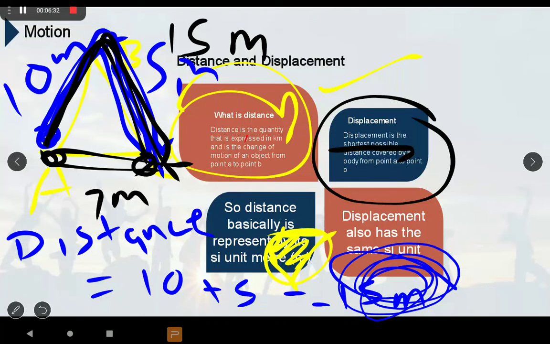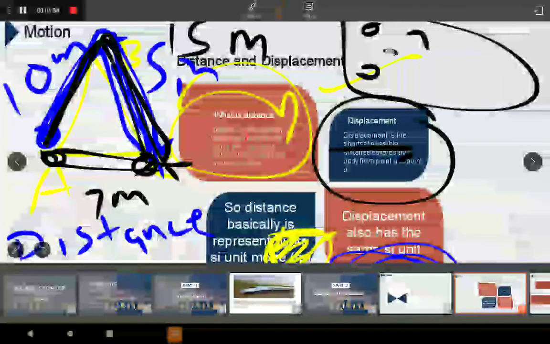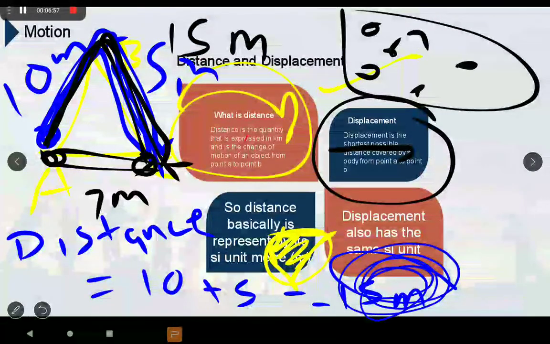What if I ask you to find the displacement? I will give you a tip. Displacement is the shortest distance which a body can cover. But usually people don't take the displacement path because the distance is what they cover. Let's take a box here, building A, B, C, D, E, F. I am here and I go here.